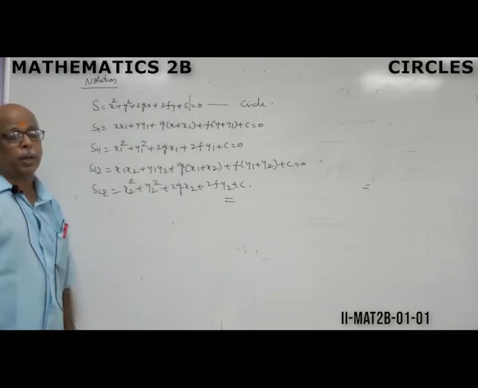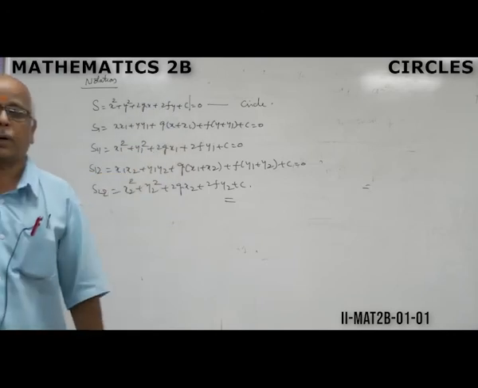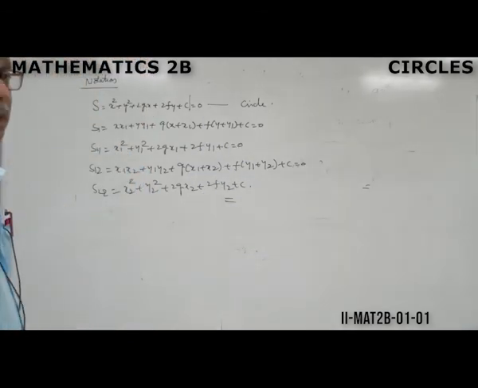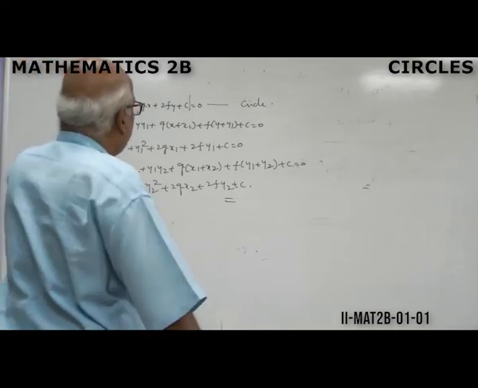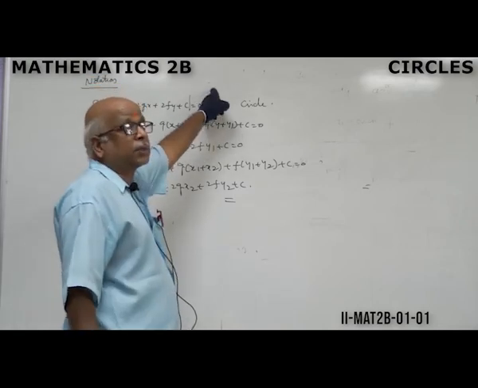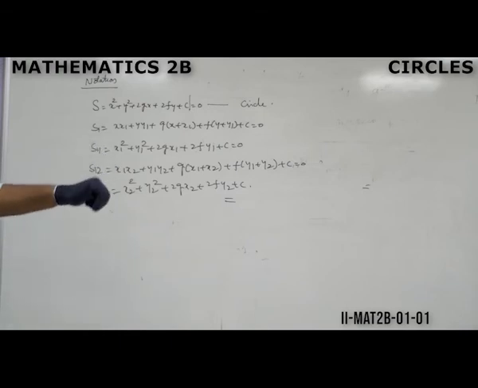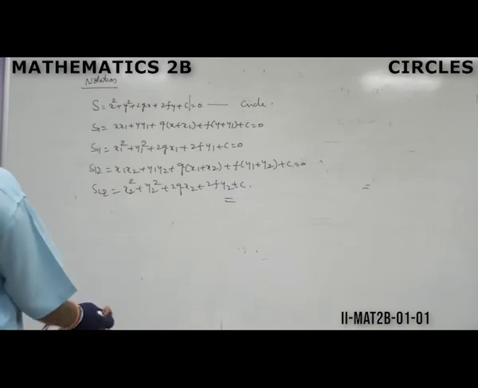Only x square plus y square plus 2gx plus 2fy plus c will be denoted by S. xx1 plus yy1 plus g into (x plus x1) plus f into (y plus y1) plus c will be denoted by S1, like that. If it is supported by equal to 0, the first one represents a circle, the second one represents a tangent, like that one by one. Most of the points are there. You will come to know in the next coming classes.